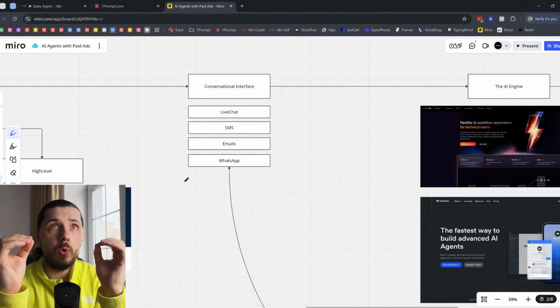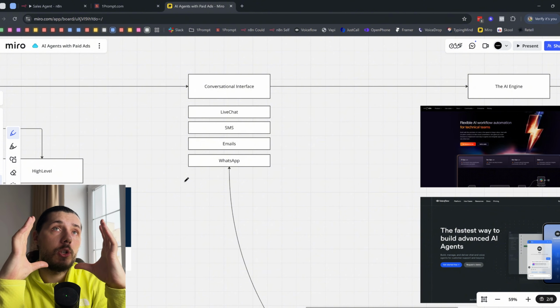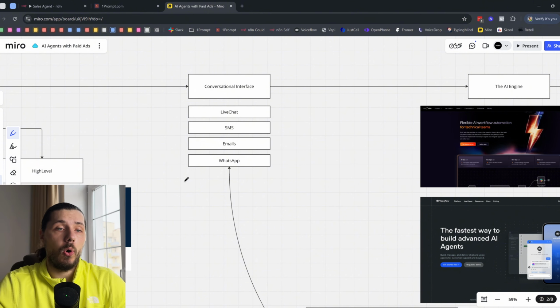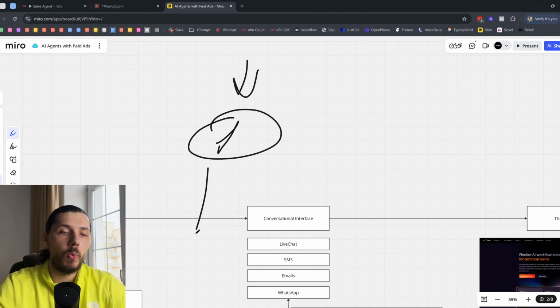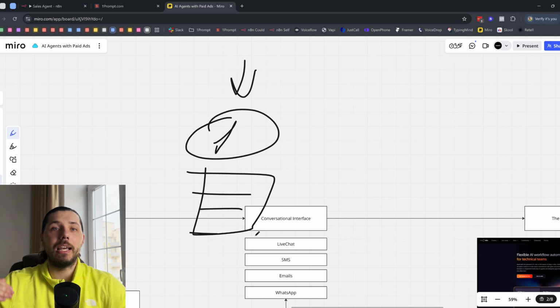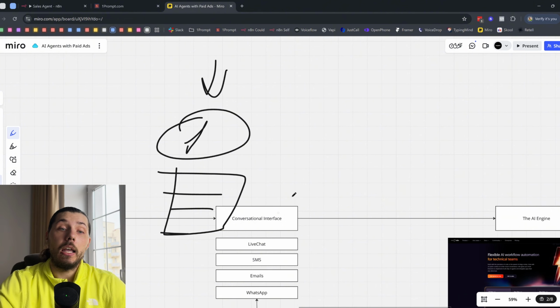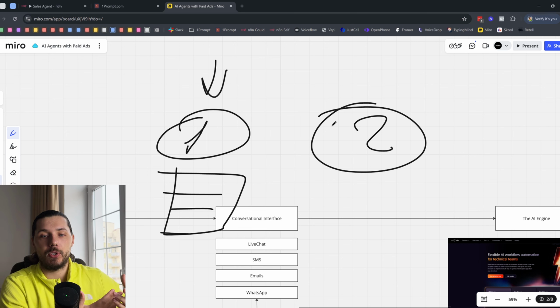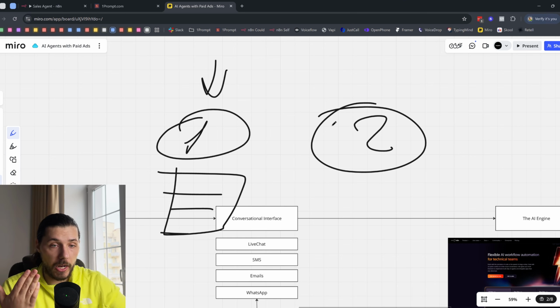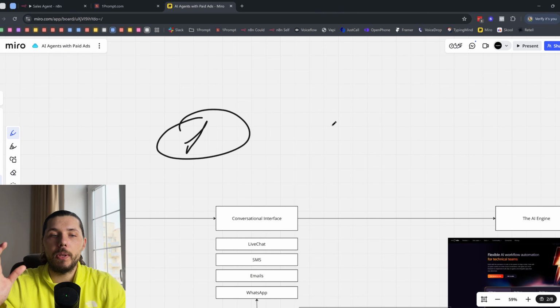So you need a way to have an interface on your side, where you will see all the conversations in one place, and you can hand off the conversations to a human, needed or not, doesn't matter. You still need to analyze everything. So you need to have a proper interface. And two, you need to have the interface for the customers to interact with, right? So everything should be in place.